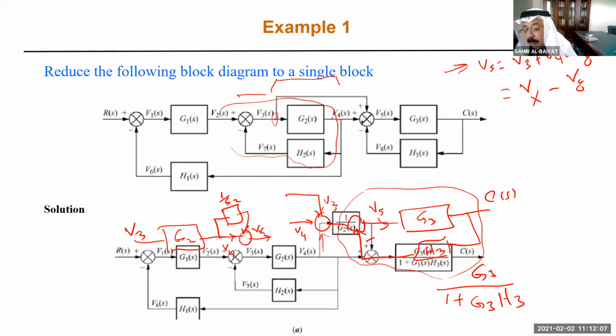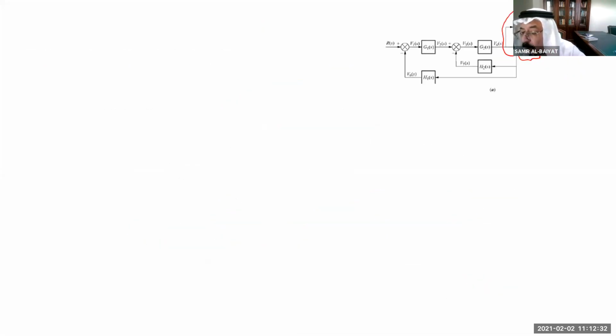I'm adding two signals together. If it is feedback, the arrow should go in the other direction: the arrow from the output, feeding back to the input. What I'm doing is feeding from the input to the output. So it is what we call a parallel combination.